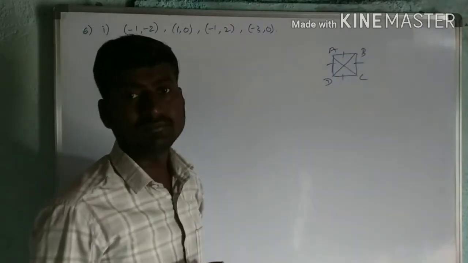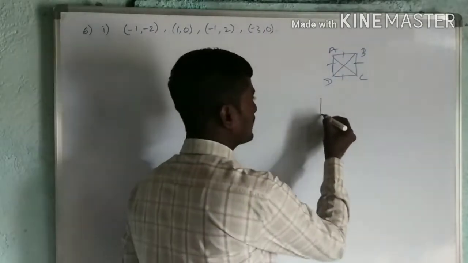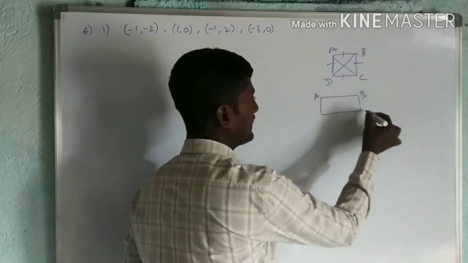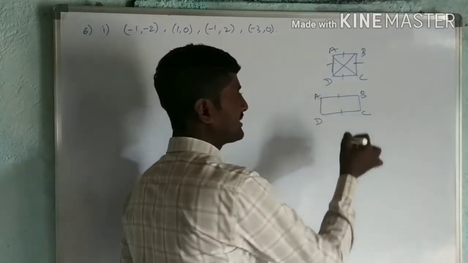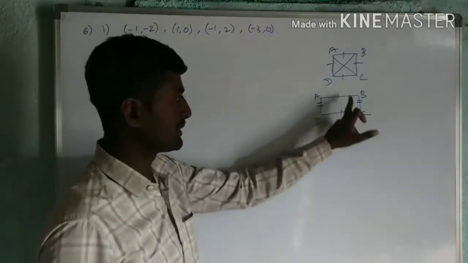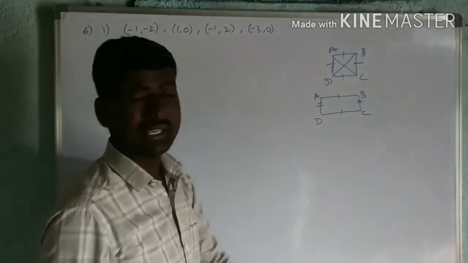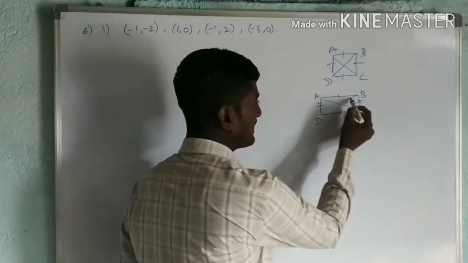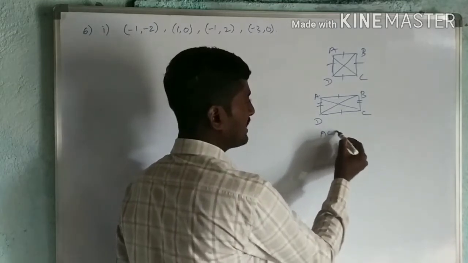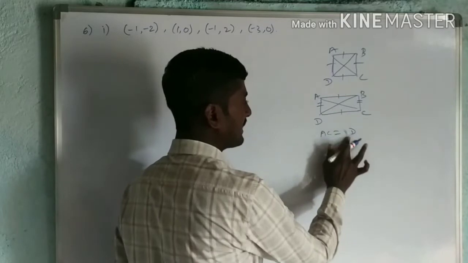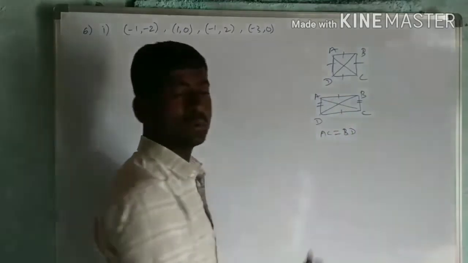Then I will go for a rectangle. How will it be a rectangle? In ABCD, the opposite sides must be equal: AB is equal to CD, BC equal to AD. One more condition: the diagonal AC must be equal to BD.